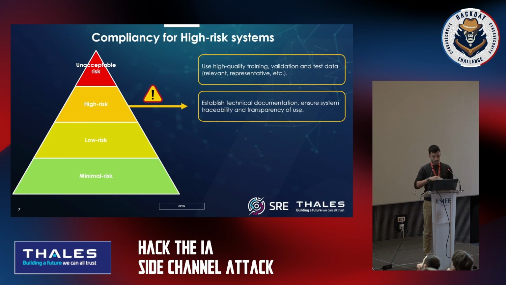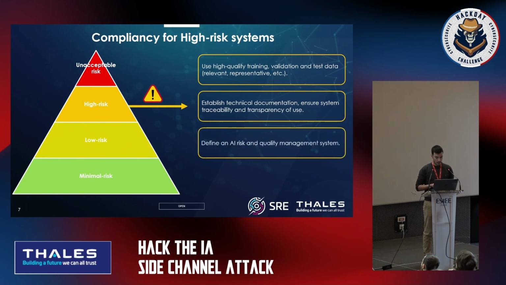Then, all the technical details must be provided to the users in order to respect the transparency of the AI. Then, obviously, because we use AI in a high-risk system, we have to provide AI risk management in order to reduce as much as possible the cyber threats and find the suitable defenses, the suitable countermeasures, depending on the attack path that can be identified.